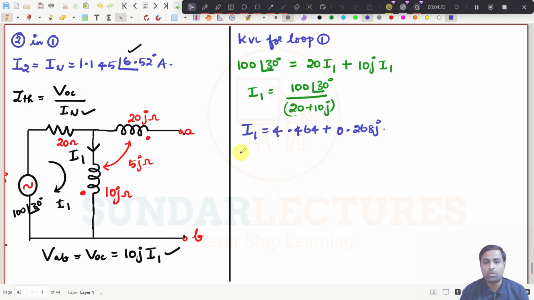So now what do you do? VOC can be written as 10J multiplied by 4.464 plus 0.268J.